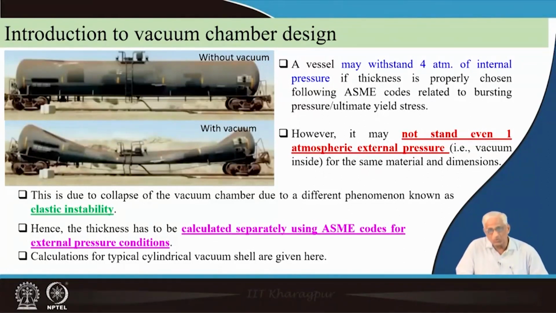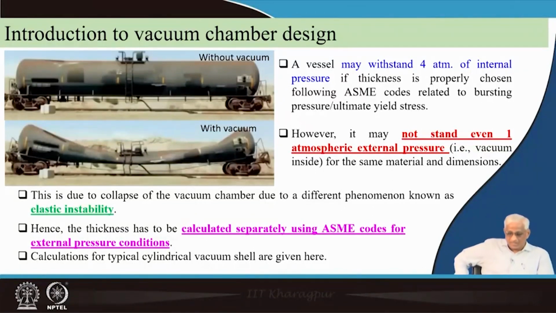You can go through the literature to understand what is elastic instability, etc. But today we are going to discuss briefly only the thickness calculations. So, the thickness has to be calculated from external pressure conditions using the ASME Section 8 code.